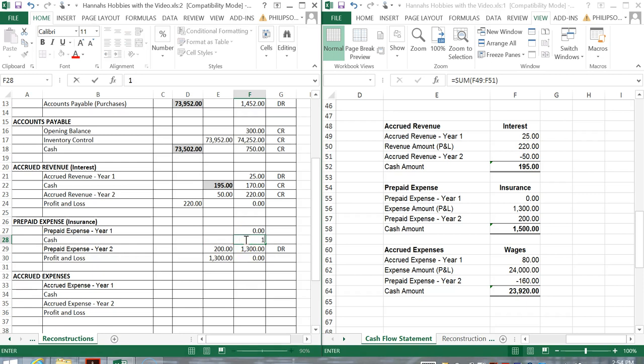So that means this balance here must have been 1,500 debit. We work backwards. 1,500 debit, less 200 credit gives us 1,300 debit, less 1,300 credit gives us 0. Therefore, the cash figure, in order to get from 0 to $1,500 debit, must have been, pretty simple, that minus that. $1,500 matches up over here.